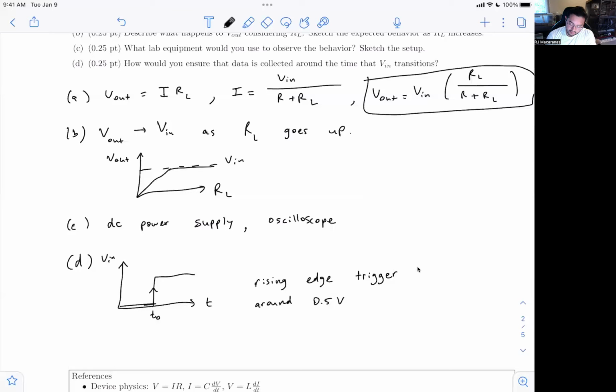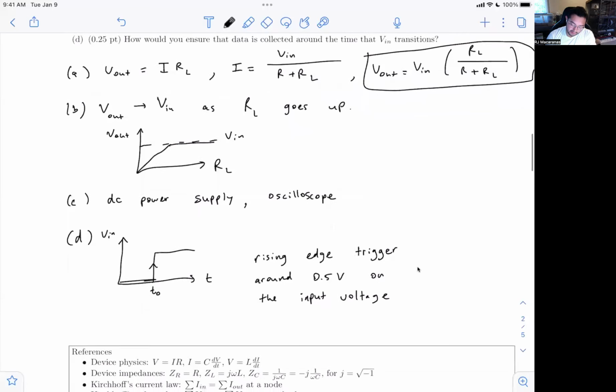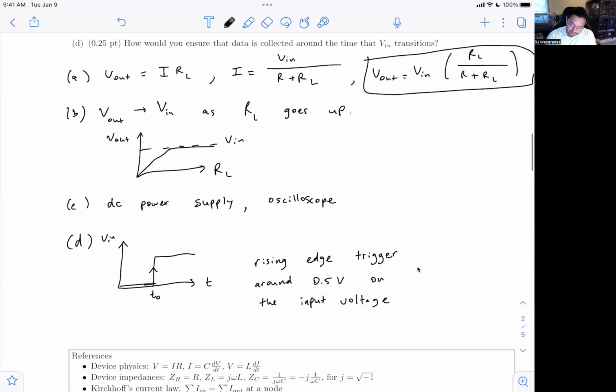Right, so on the input voltage, we use the oscilloscope, we put that input voltage on one of the channels, and we want to trigger on that channel. So if we were to sketch the setup, I guess, we have the DC power supply, we have our resistor, and we have our scope.